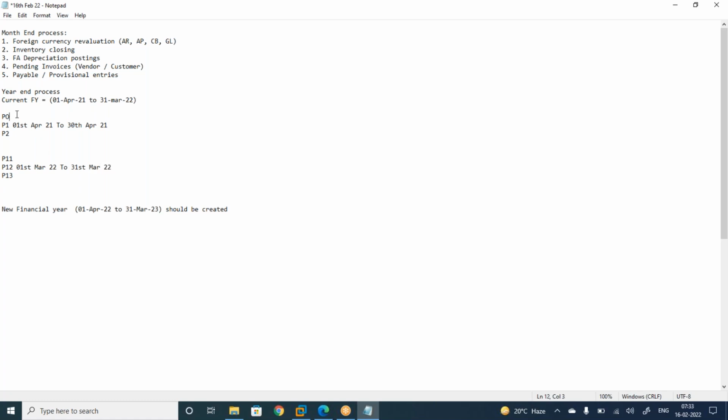Can anyone guide me, period 0, what is this? Period 13, what is this? Period 0 is 1st April 21 to 1st April 21 only. Period 13 is 31st March 2022 to 31st March 2022.